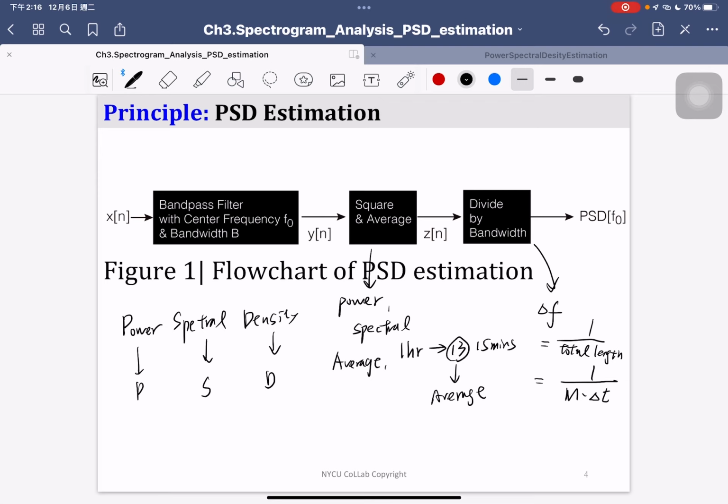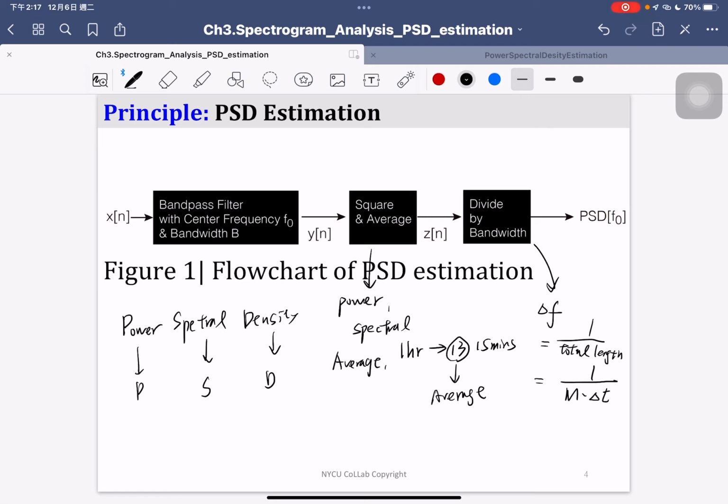So the idea is, you should know, maybe not the mathematical representation in detail, but what the power means, what the spectral meaning is, and what the density means. And then in the next class we will do the analysis. As the user, we should only adjust the different window lengths, the 1 hour or 15 minutes for the shorter and longer window lengths.